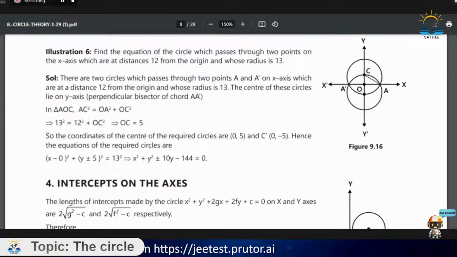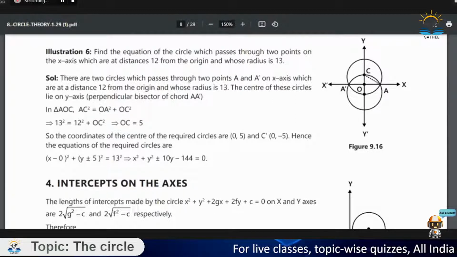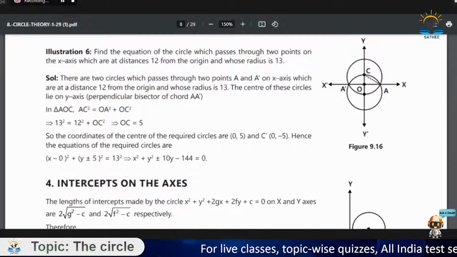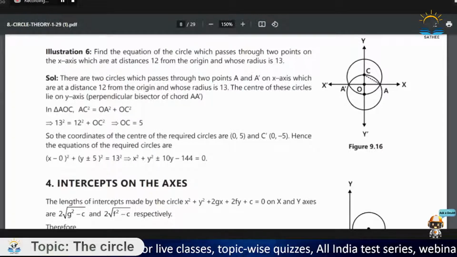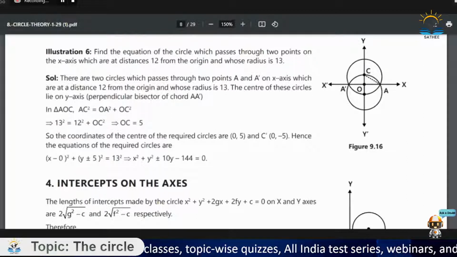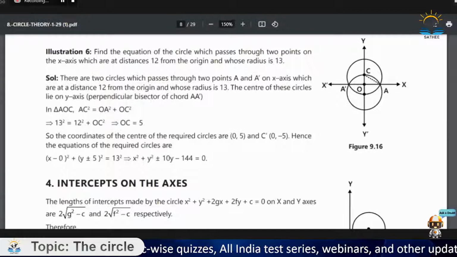So there are two circles passing through the points A and A dash. So let us take these points as A and A dash, and basically these points can be (a, 0) and (minus a, 0). The centers of these circles lie on the y-axis, the perpendicular bisector of AA dash.